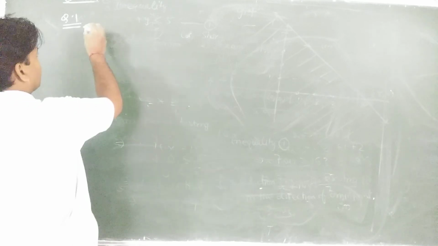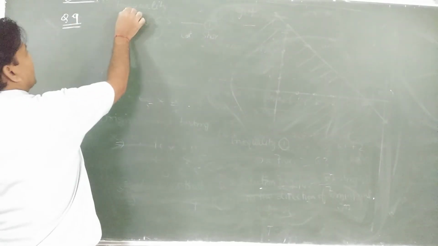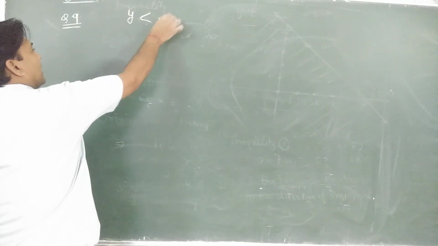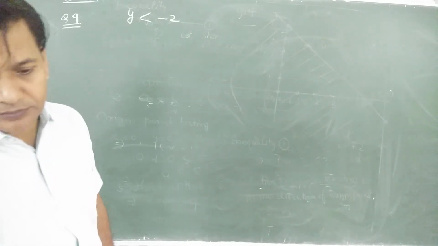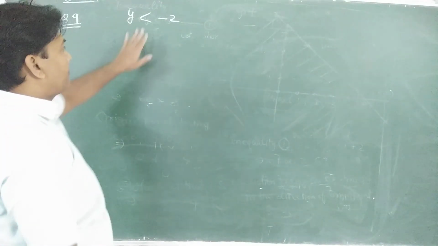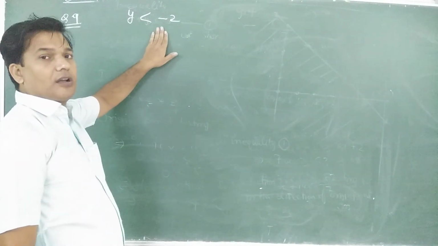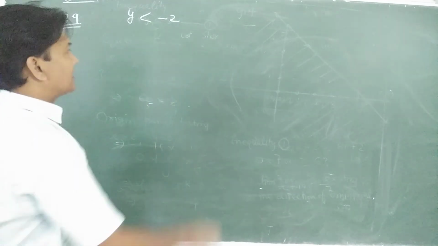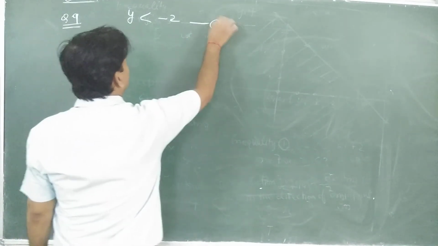Now if you want to represent the ninth problem, that is y is less than minus 2, it is given to us, and we want to represent this on the graph. For that, this is our inequality.